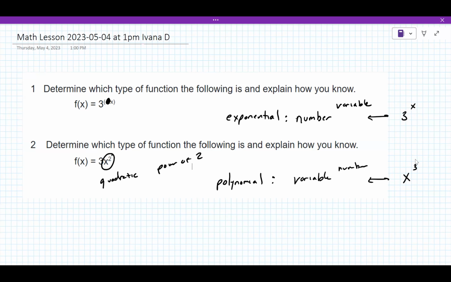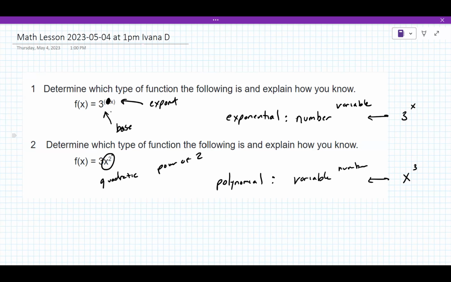I didn't hear what you said for the first one because I only wrote the reasoning for number 1. Could you explain, because I'm still a little bit confused for number 1. This time it's a number to a variable, that's all it is. There's no other explanation. It's in this form of a number. The 3 is called the base and this up here is called the exponent.